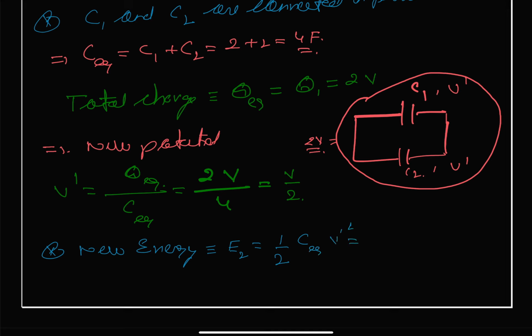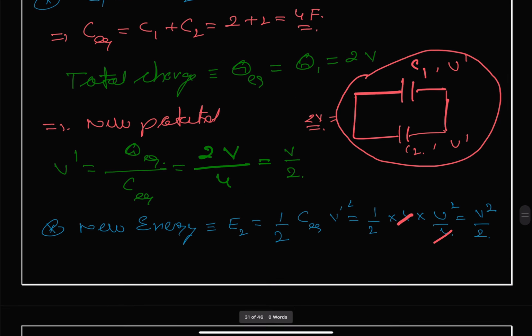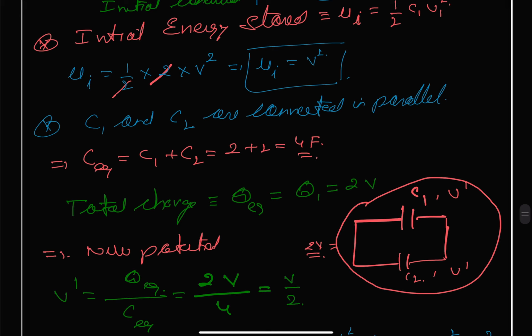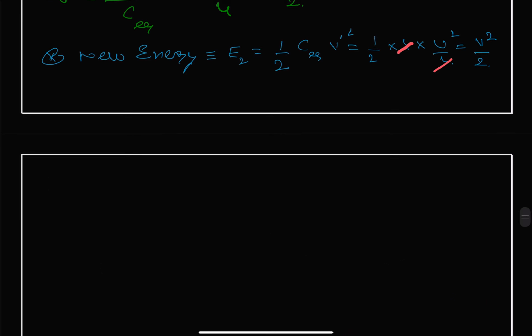So half C equivalent is 4, V prime square comes as V square by 4, and this will be equal to V square by 2, because this 4 and 4 go away. And we are given the ratio of E2 by E1. So E1 was, one second, sorry, E1 was our V square and E2 is V square by 2.